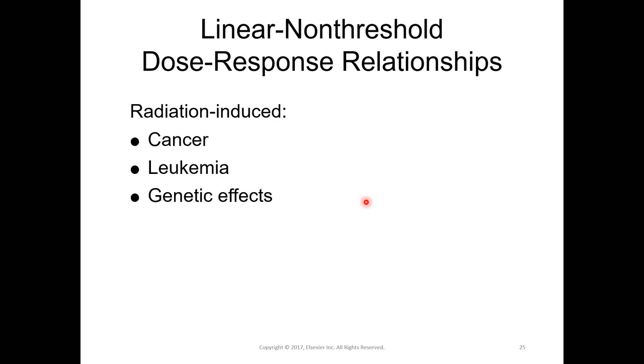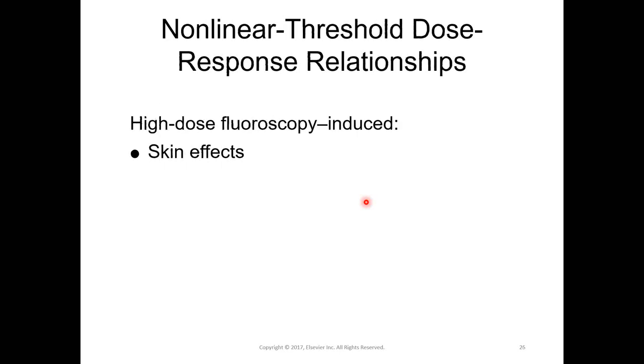That's your non-threshold. Your non-linear threshold, meaning it has to reach a certain dose before you can see the effect happen, would be that high dose fluoroscopy, and that's your skin effects. So that's your skin erythema from high dose fluoroscopy.